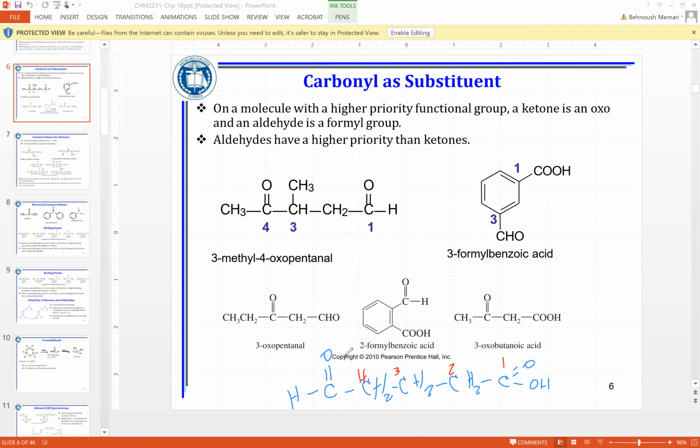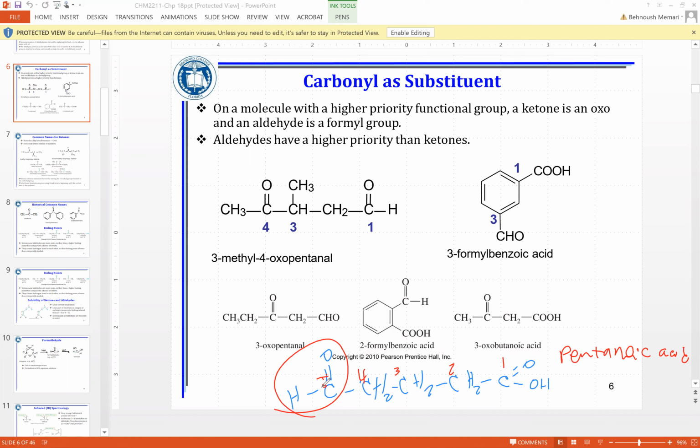Now, if you name this as pentanoic acid, 5 carbons, then I cannot say formyl group here, right?